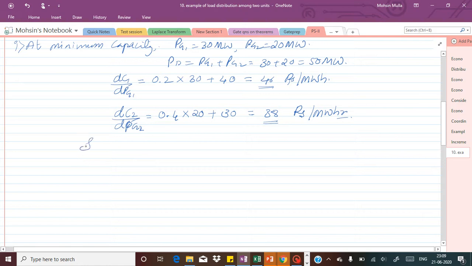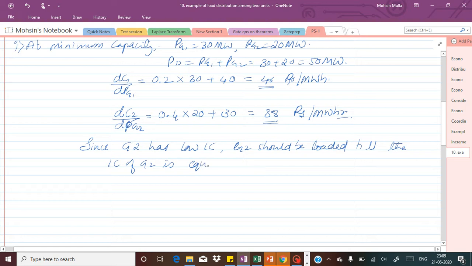So we can write some lines here so that you can remember. Since generator 2 has low incremental cost, G2 should be loaded till the IC of G2 is equal to IC of G1.